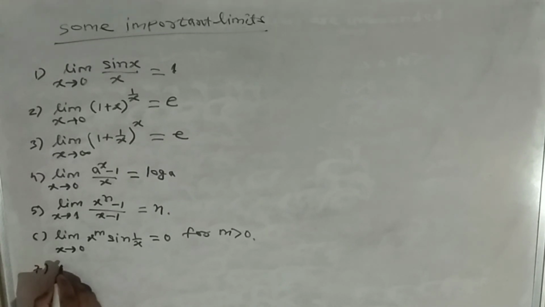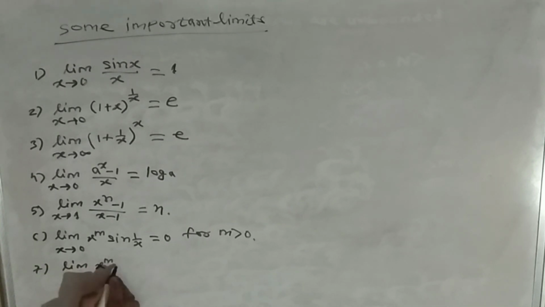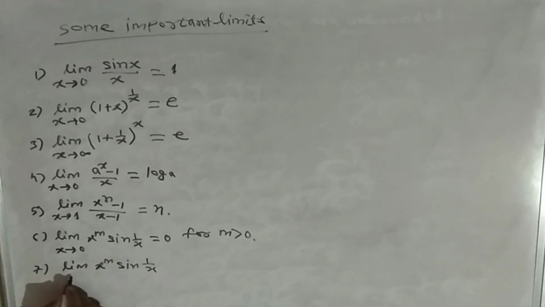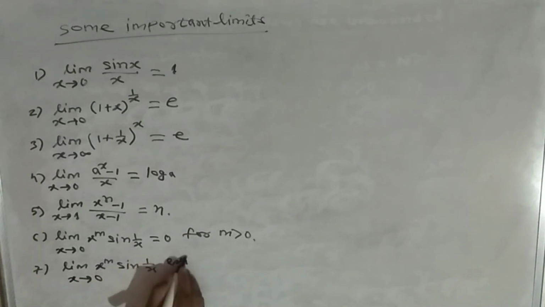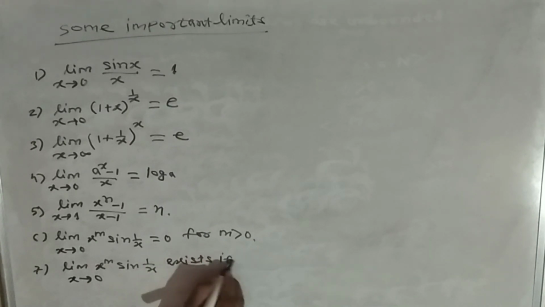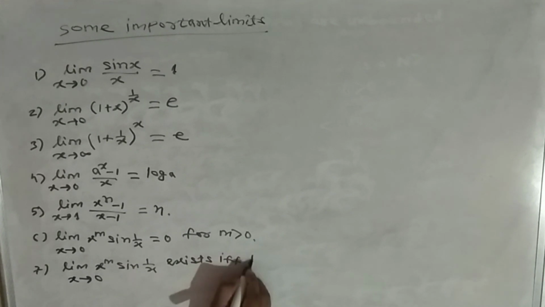And the limit of the function x to the power m sin 1 upon x as x tends to 0 exists if and only if m is greater than 0.